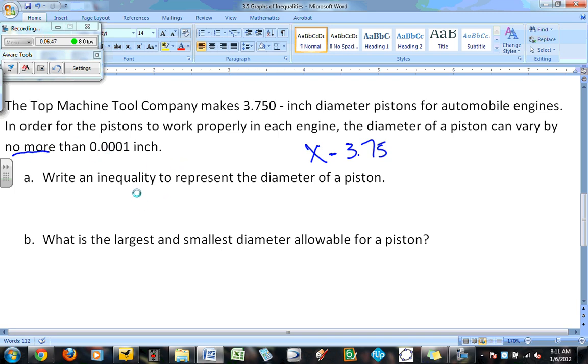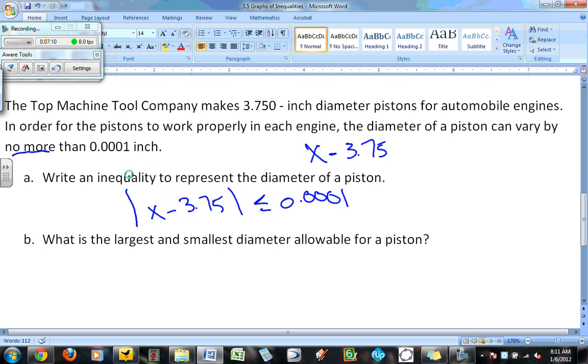Now, would you agree that I could have a piston that would be smaller than 3.75? So we can write the absolute value of x minus 3.75 has to be less than or equal to 0.0001 inches.